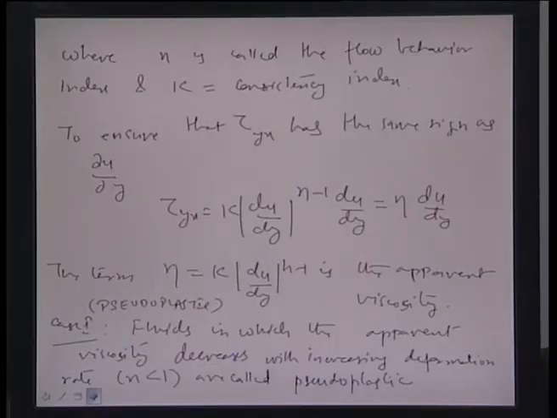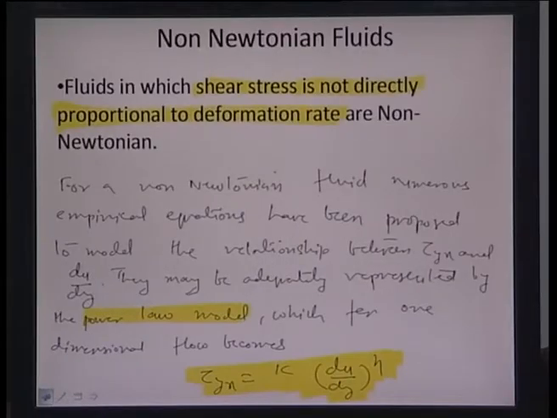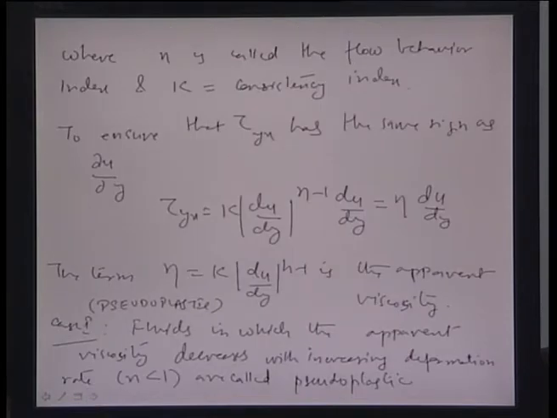So let us look at them case by case. What your k is in this particular equation is also known as the consistency index. You can modify this equation slightly to make it tau yx equal to k times mod du by dy to the power n minus 1, times du by dy.